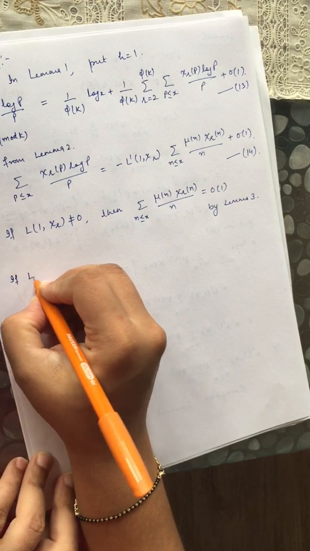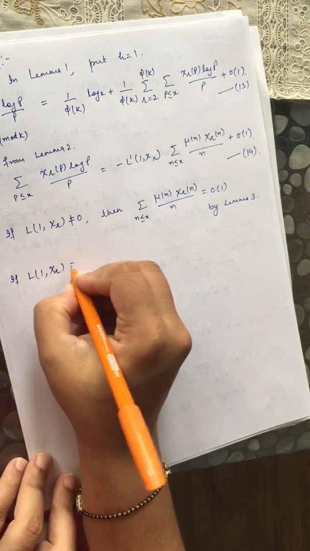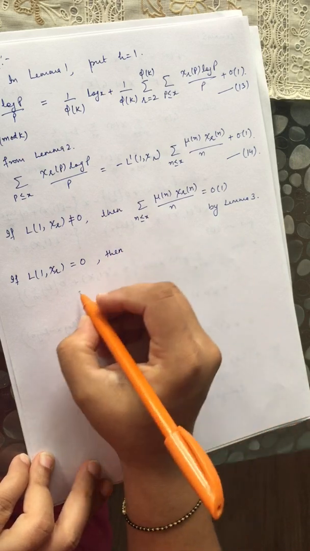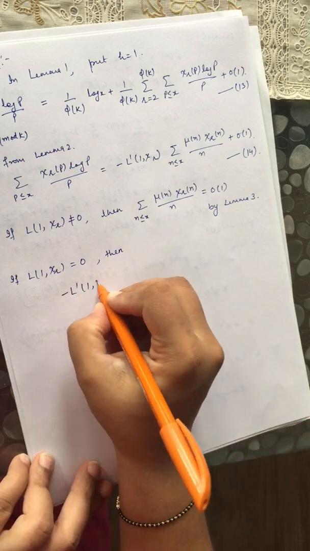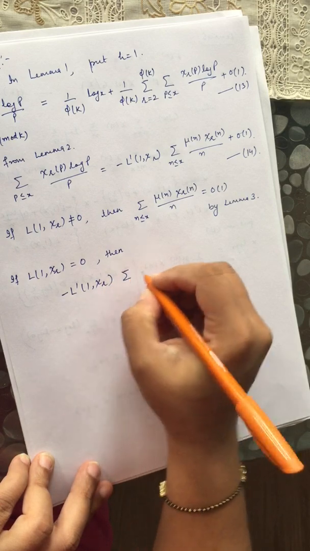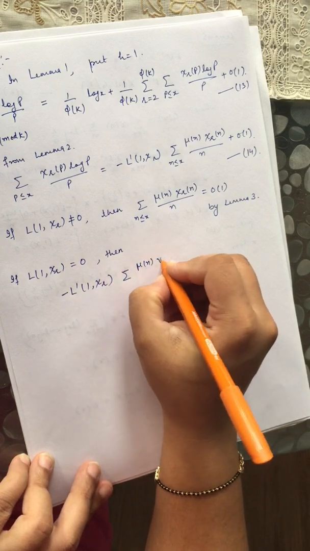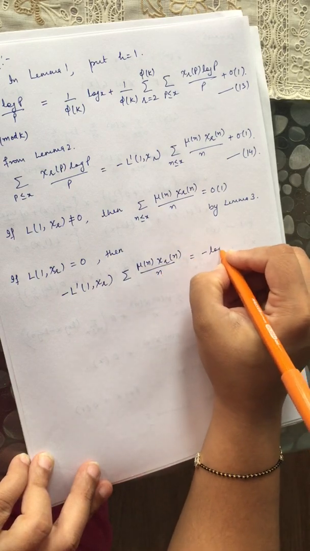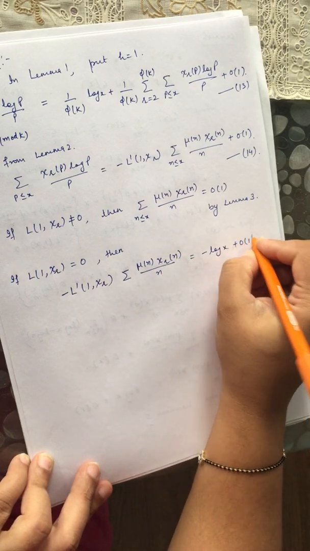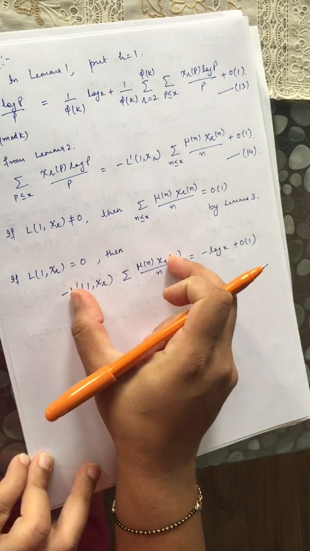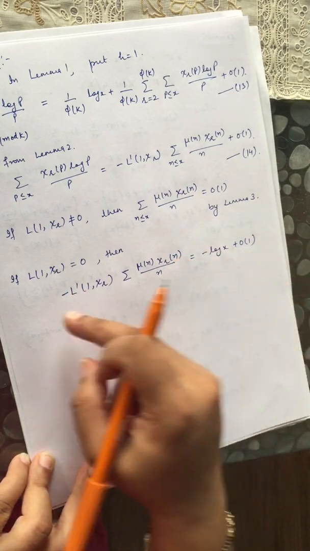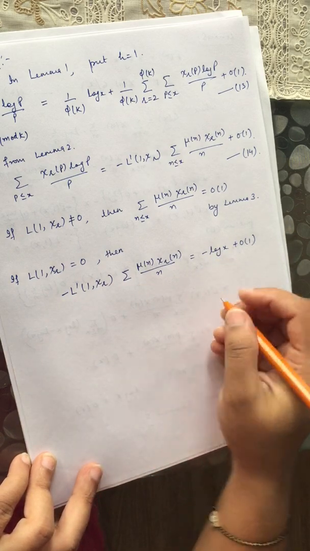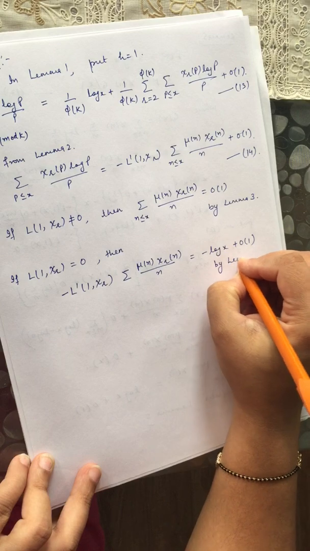And second, if this is 0, then by lemma 5, this term minus L dash 1 chi r summation mu n chi r n upon n is minus log x plus order of 1. Actually, in lemma 5 we have proved this is equal to log x plus order of 1, but we are taking it here with a negative sign, so it is minus log x plus order of 1. So this is by lemma 5.